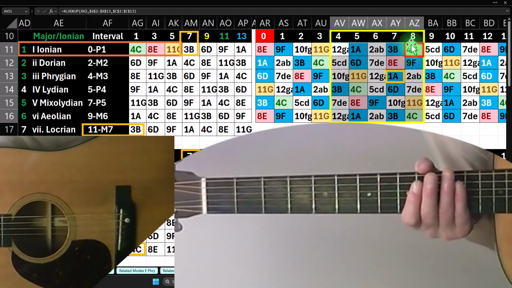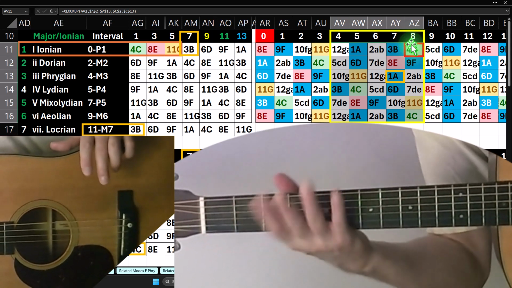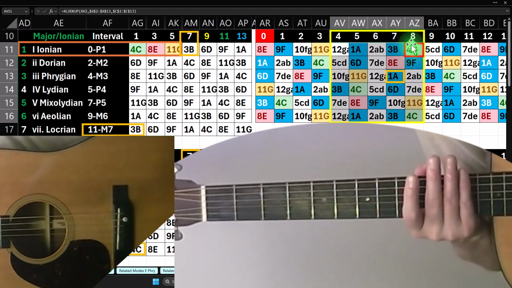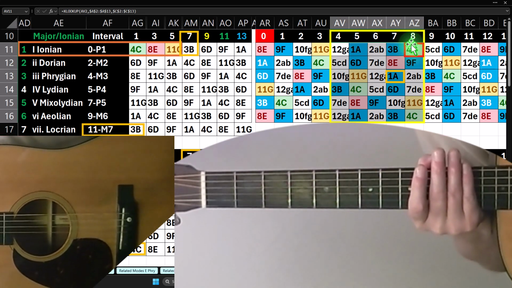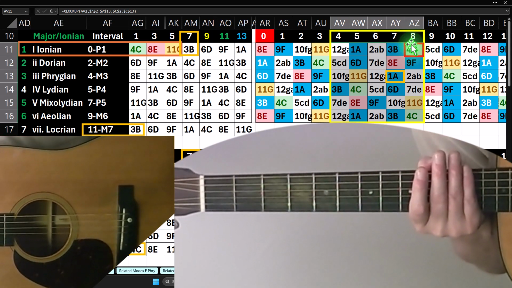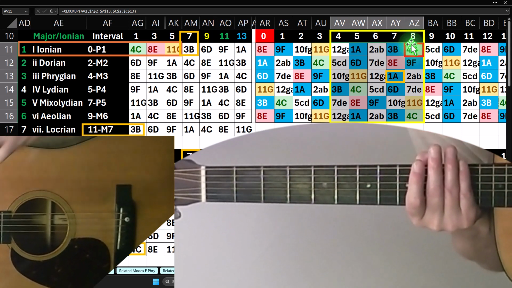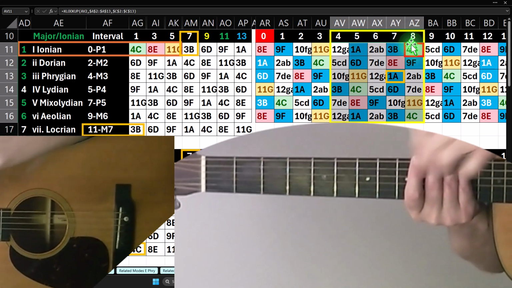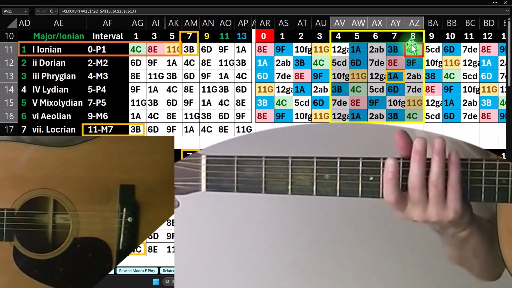It's not like you can just say, oh, I know this shape, I'm just going to shift it up and my fingers are naturally going to see all those. But from a theory standpoint, it'll be a lot easier to get your fingers orientated towards the shape if you recognize the shape in one position, and then recognize that shift up of the shape and start to orientate your muscle memory and where you're located physically on the guitar around that.